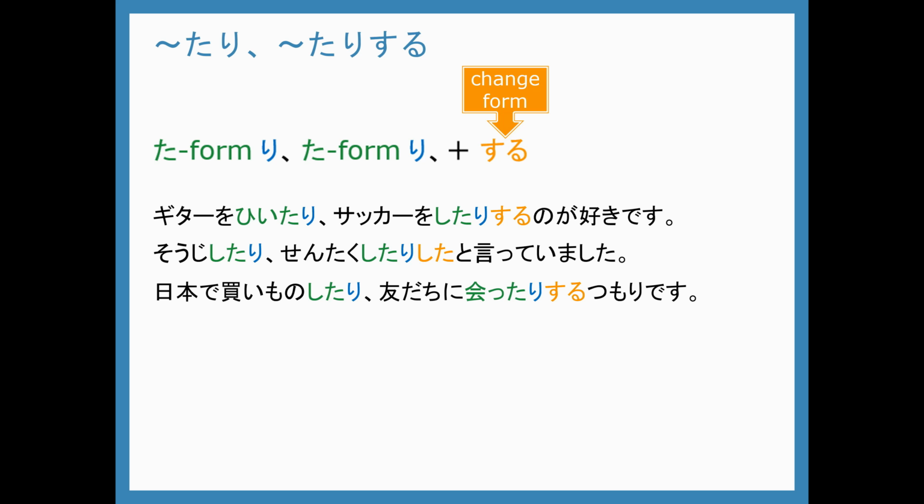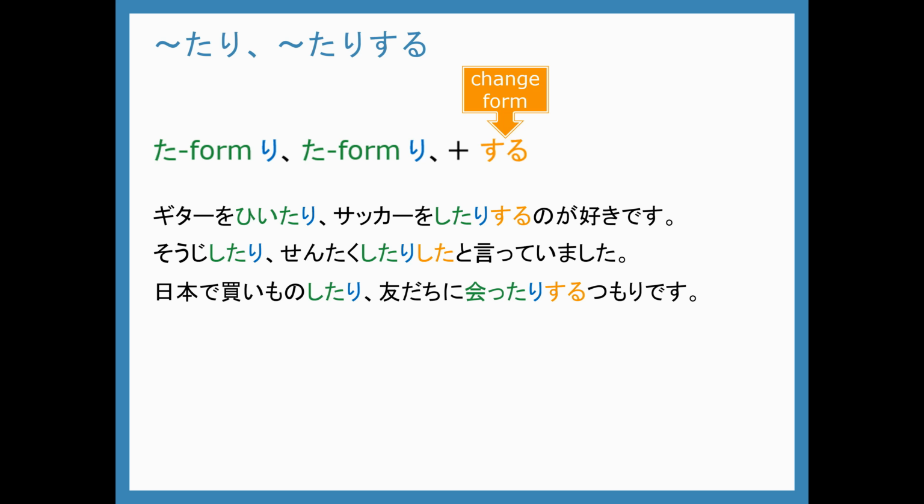Or, I could go with one of the other forms that we talked about in chapter 10. 日本で買い物したり、友達に会ったりするつもりです。So I intend to go shopping and meet my friends.